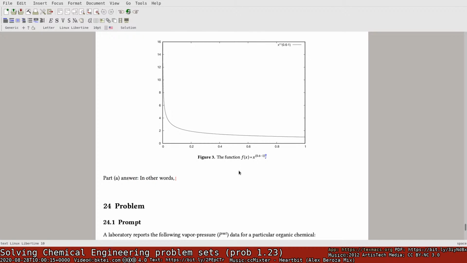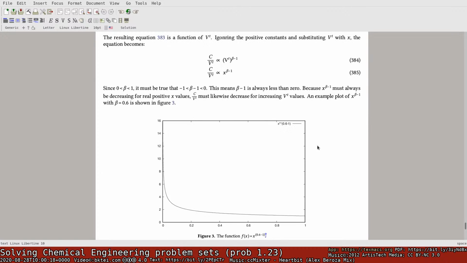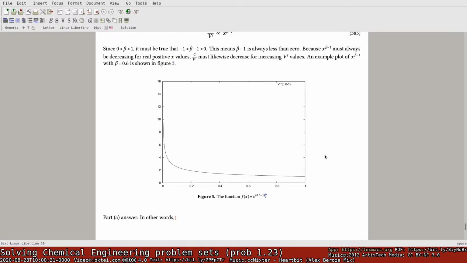In other words, according to the allometric equation, the total cost per total unit volume of a piece of equipment decreases with increasing size of the equipment.